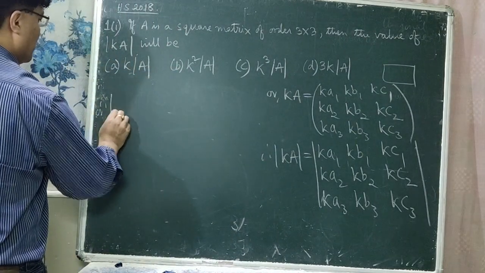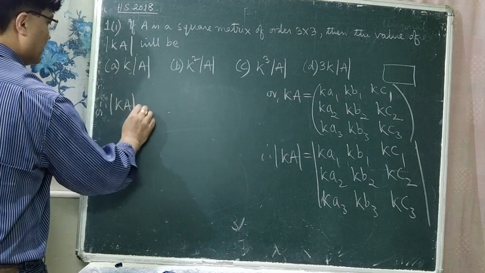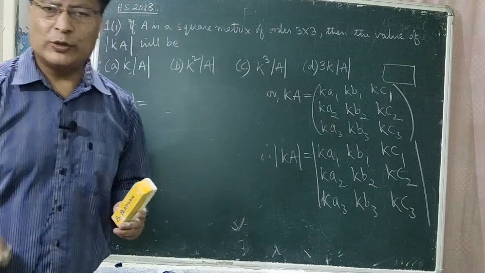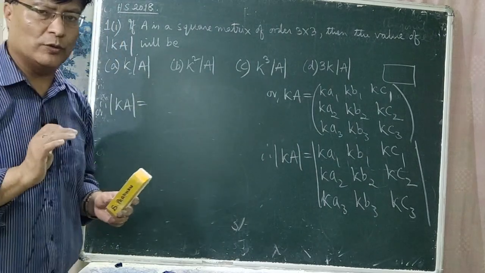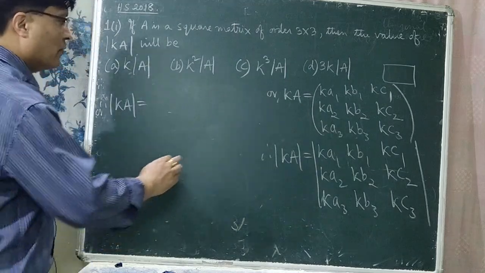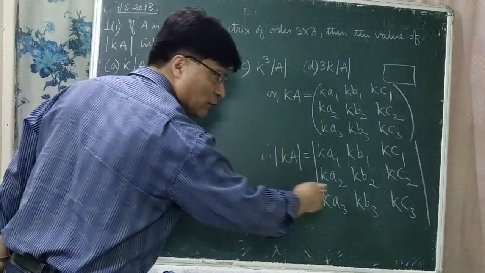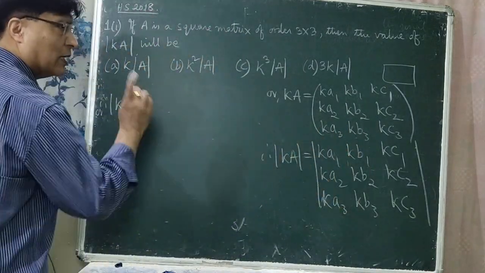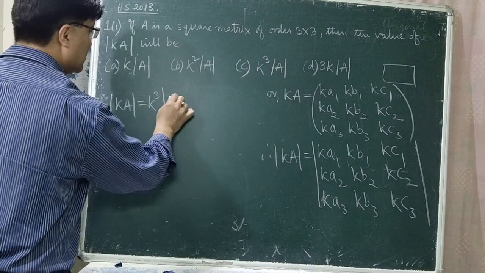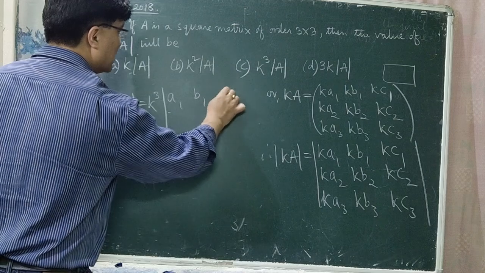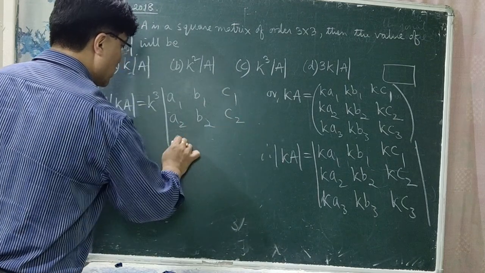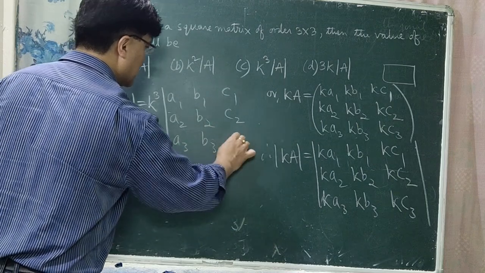Therefore det of kA is equal to, in case of a determinant, you have to take common from each row. You should take common from the first row, second row and third row. From the first row k is common, from the second row k is common, from the third row k is common. k into k into k, what is it? k cube. Then this determinant is a1, b1, c1, a2, b2, c2, a3, b3, c3.